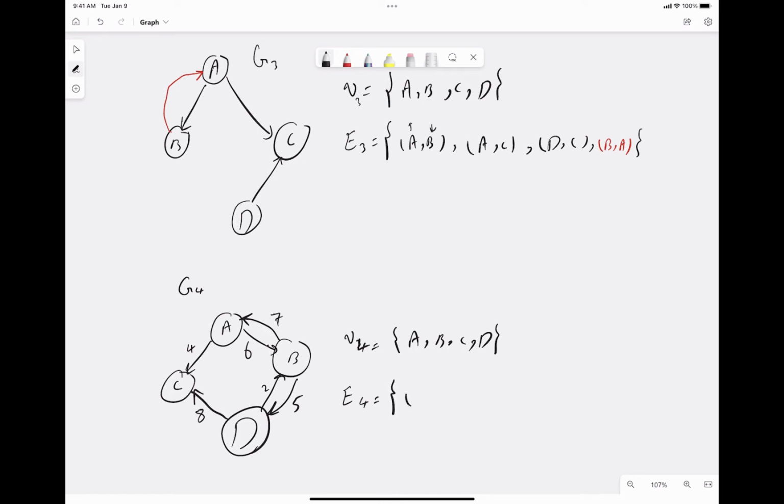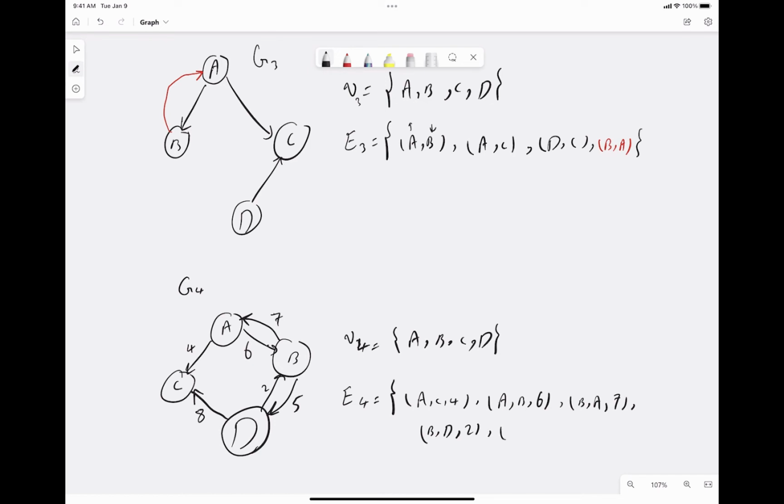There's an edge from A to C with the weight 4, so it's going to be A, C, 4. And then there is an edge from A to B with the weight of 6: A, B, 6. There is one from B to A with the weight of 7: B, A, 7. There is one from B to D with the weight of 2.